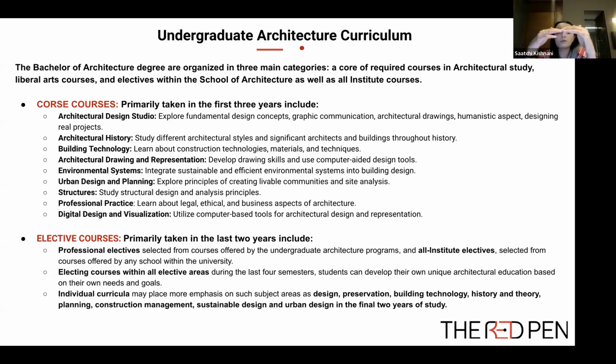So say you go to University of Michigan, to Taubman School of Architecture, and you're doing the BARC program there. By the 4th and 5th year, you can select electives within the School of Architecture. But you also have an additional 12 to 18 credits, again school-based, to take classes outside the School of Architecture.